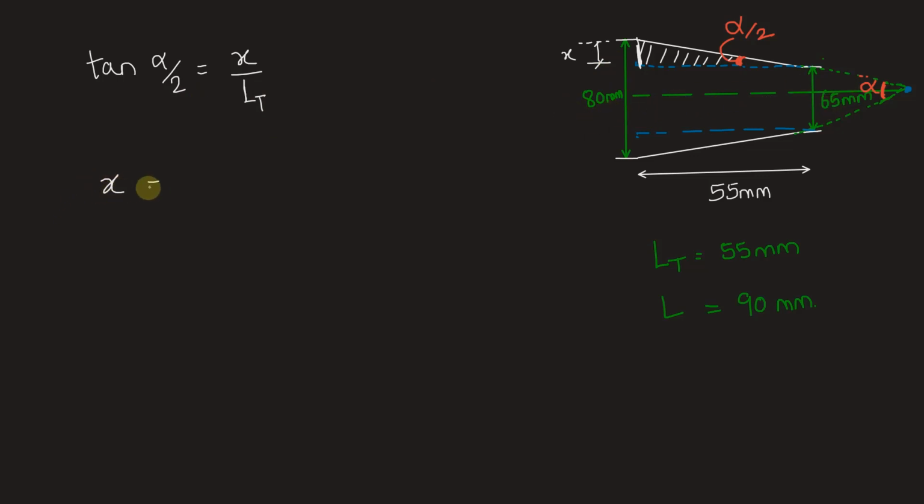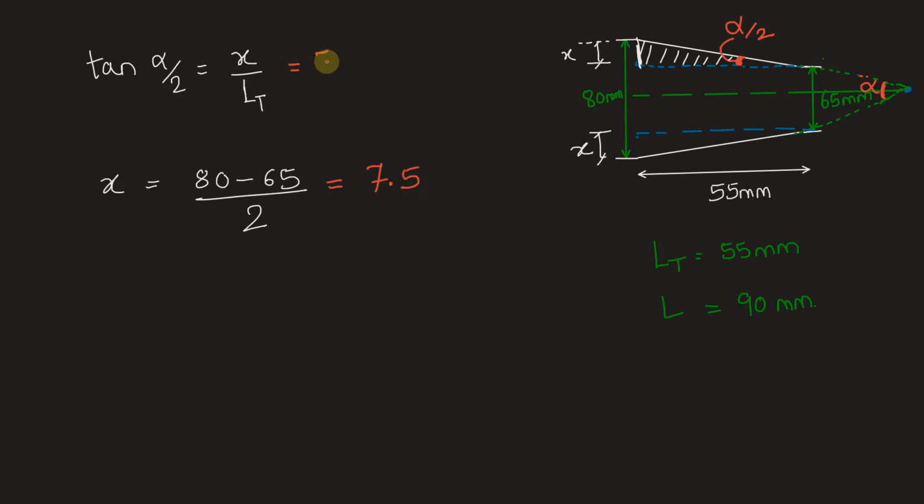So x can be written as 80 minus 65. So 80 minus 65 gives these two portions, and these two portions are equal to each other. Both of them are x's. So 80 minus 65 is 2 times x. X will be 80 minus 65 by 2. This gives us 15 by 2, that is 7.5.